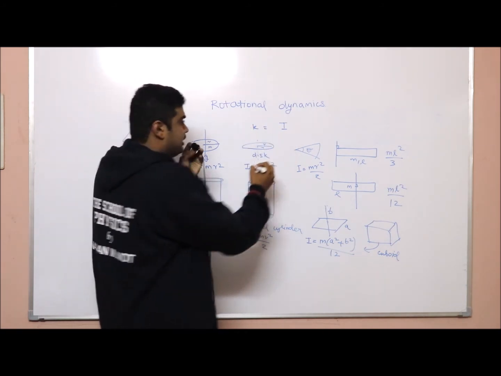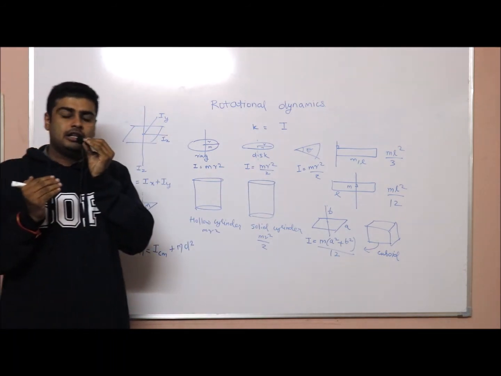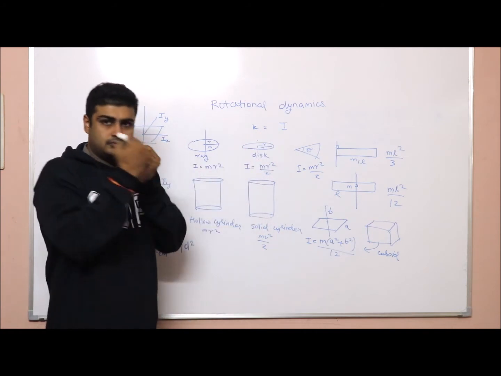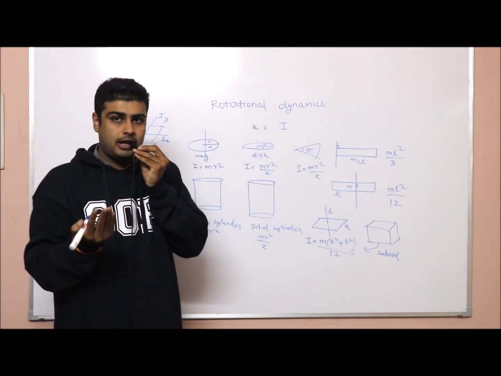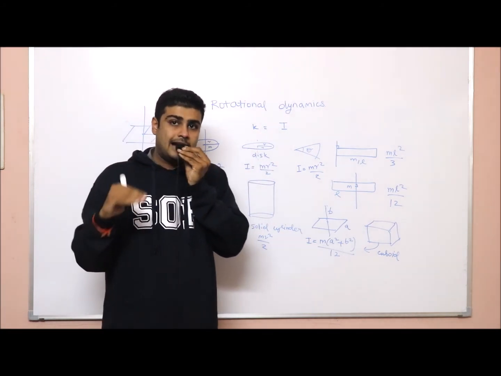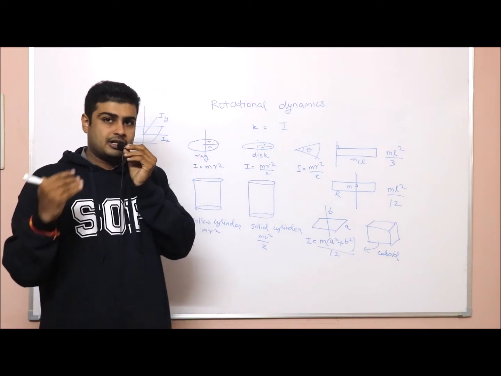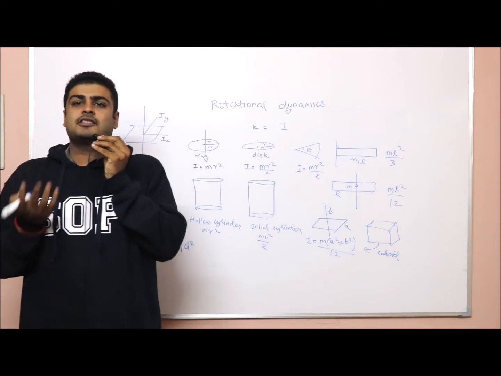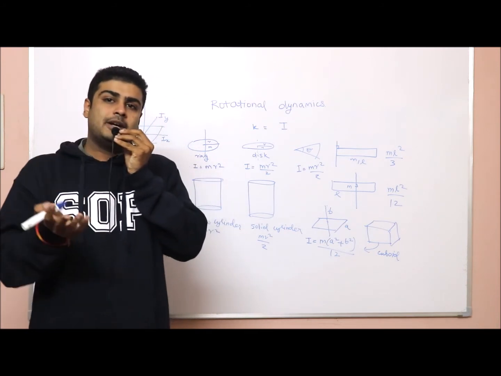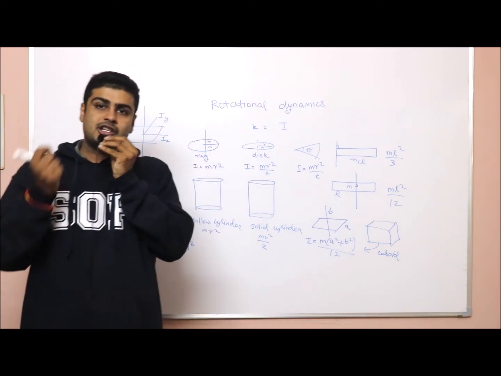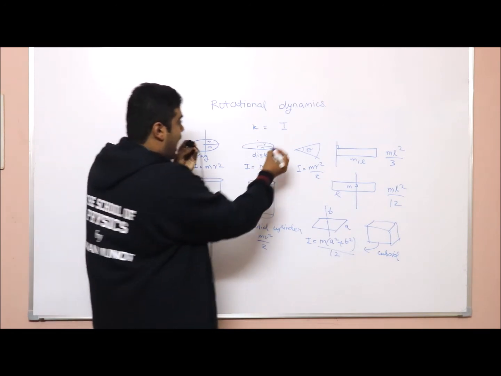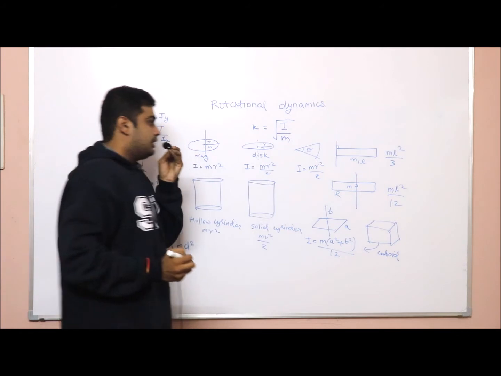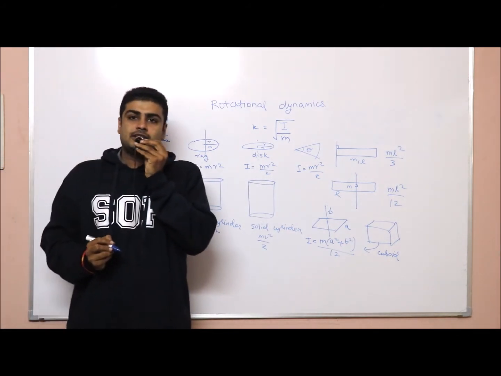It should be in the units of radius. We know the formula for I is mr square. So if we divide it by mass and take the square root, the unit will be the unit of radius. Since it is an objective exam, you'll get direct questions where you just have to remember that the square root of I upon m is called the radius of gyration.